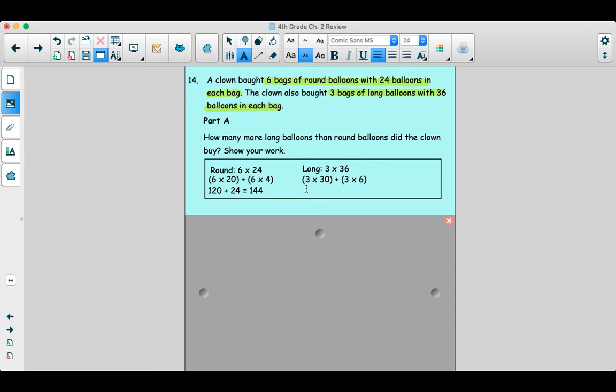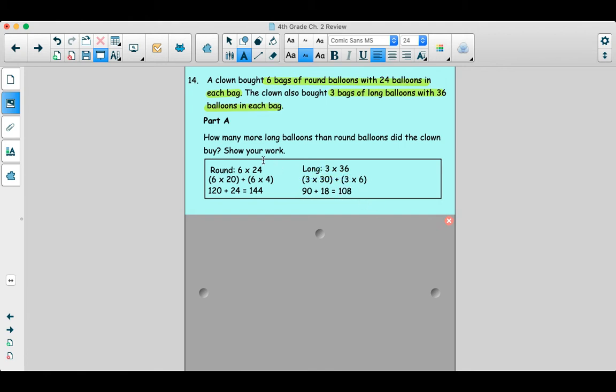Alrighty, 3 times 30 equals 90, plus 3 times 6 equals 18. And you probably are going to tell me 90 plus 18 is the same as 90 plus 10 plus 8 more, so that makes it 108.